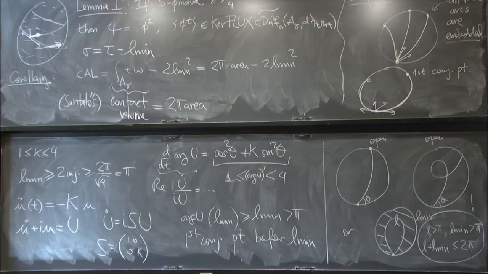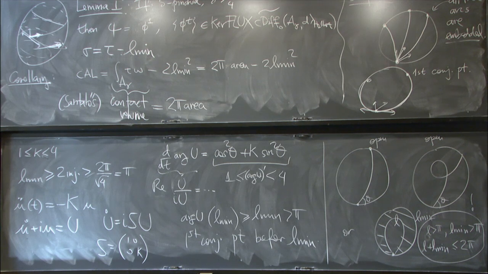The function rho 1 at x0, if you start shooting that way, is going to be tau 1, the time to first conjugate points. Let me just write it like that.